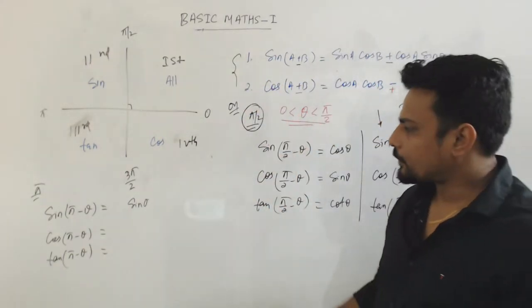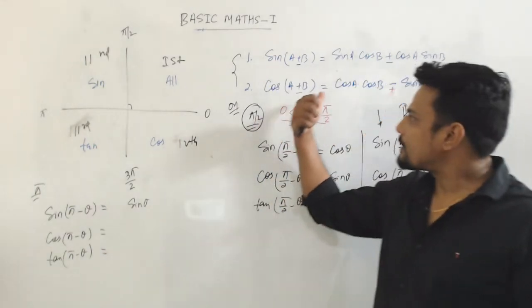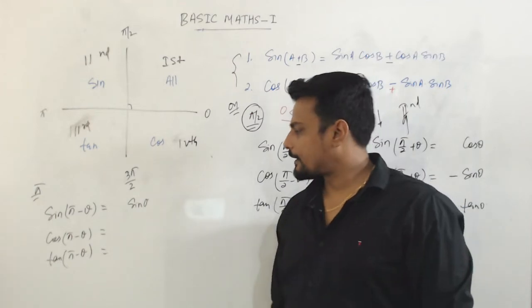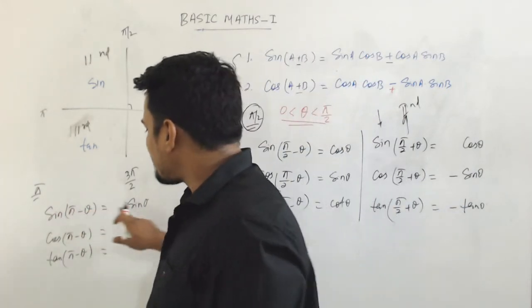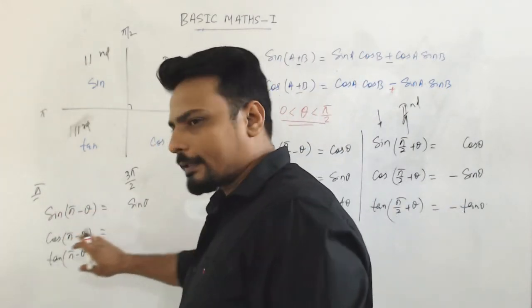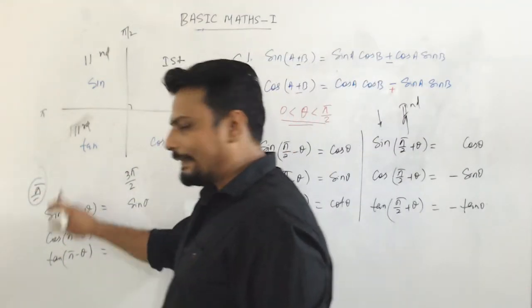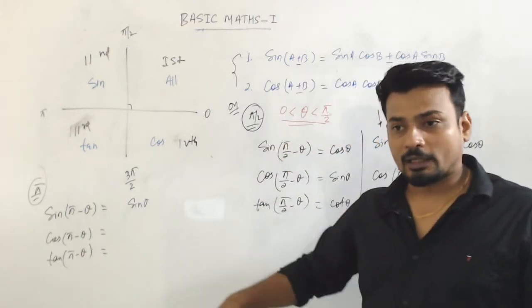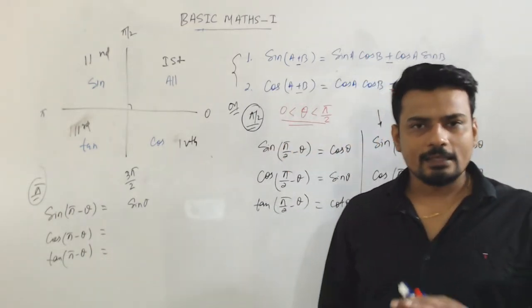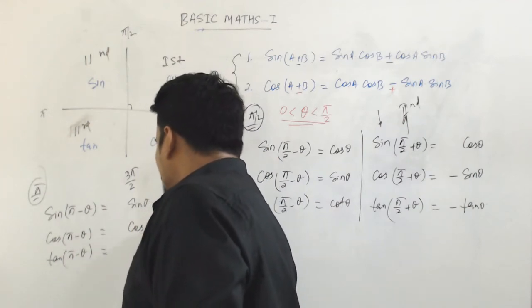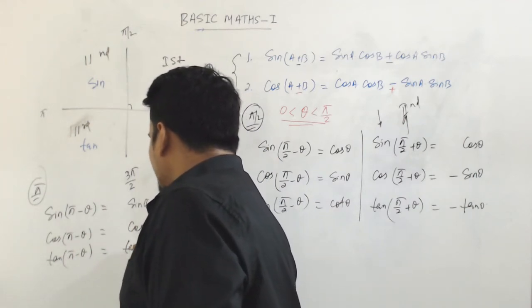If you forget these things, just try it once on your own and I'm sure you will be able to memorize it. Now sine will remain sine, cos would remain cos, and tan would remain tan. When we do the conversion over pi, the identities remain the same. You can remember this in this shortcut way.